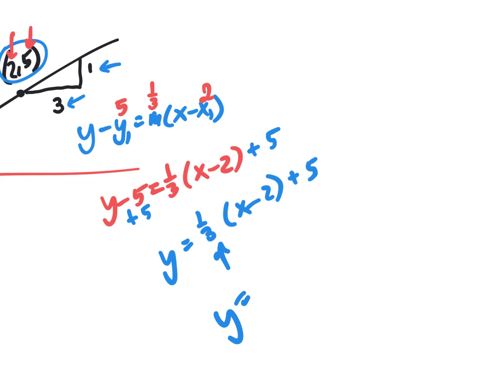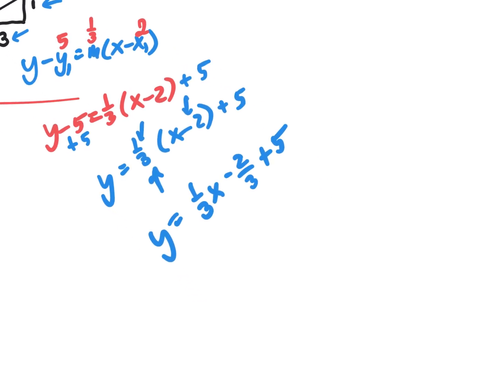Now if I multiply that out, it'd be 1/3 x, and then I multiply negative 2 times the 1/3 we're distributing here, and we get negative 2/3 plus 5. If I simplify that down, it'd be y equals 1/3 x plus 4 and 1/3.